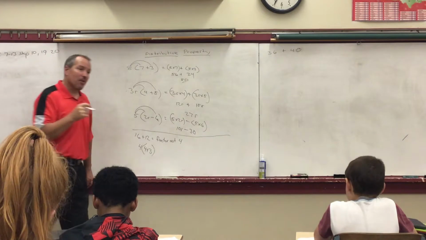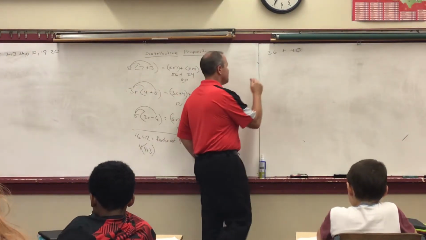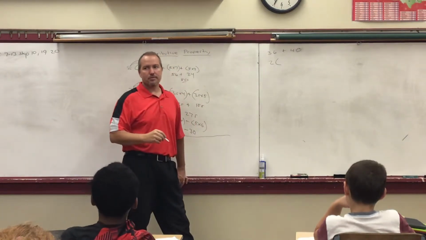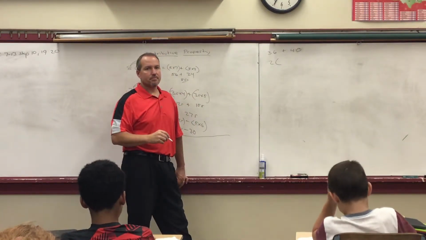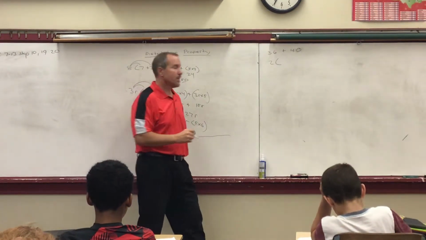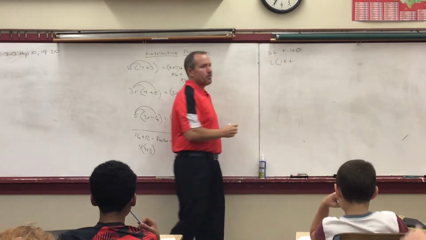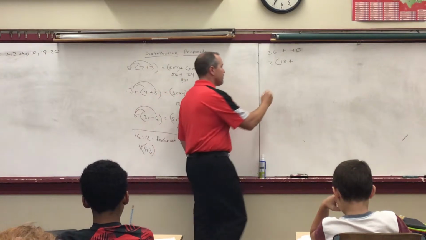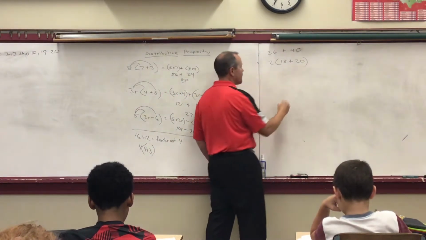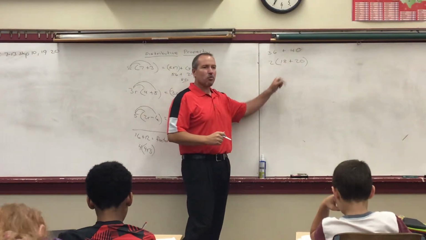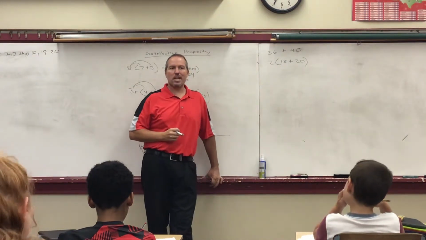Okay? Now, if we factor a 2 out, what is 36 divided by 2? 18. What is 40 divided by 2? 20. Now if we look here, we have 18 and 20. Is there anything we can divide 18 and 20 both by?